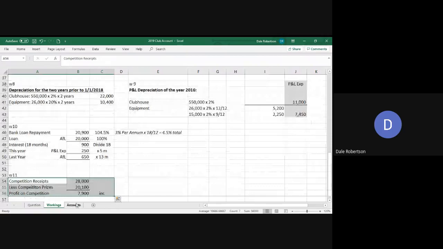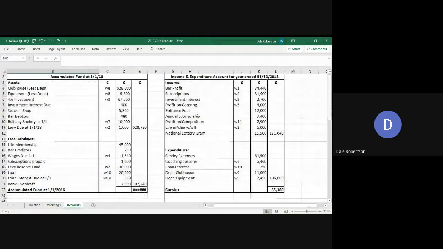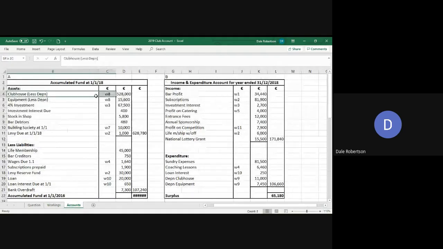So we start off with part A of the question, where it asks you to do an accumulated fund, and you're going to record pretty much everything from the top sentence. Now, these first two, it's important to note that they are 550,000 take away the 22,000 accumulated depreciation, and that's 26,000, take away the accumulated depreciation.